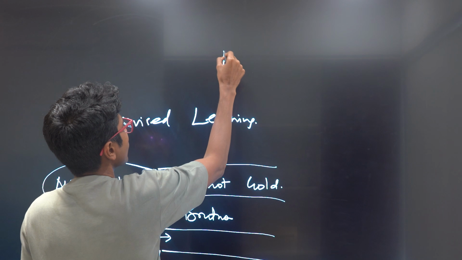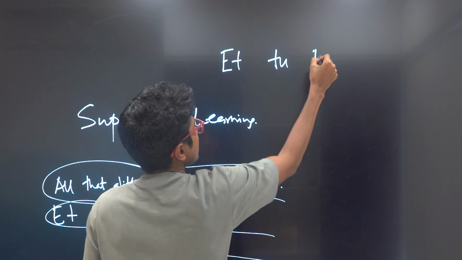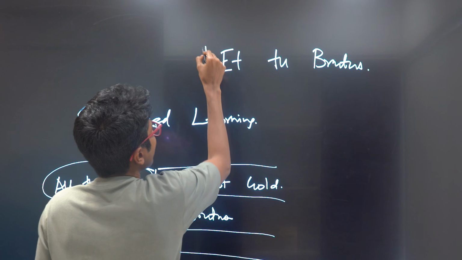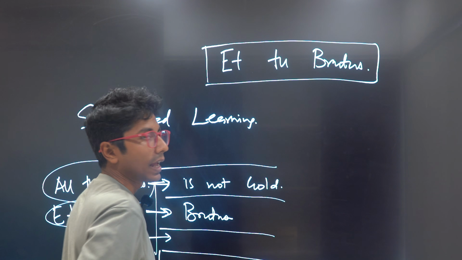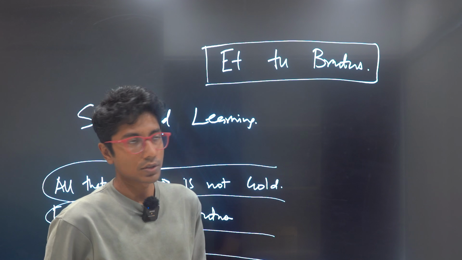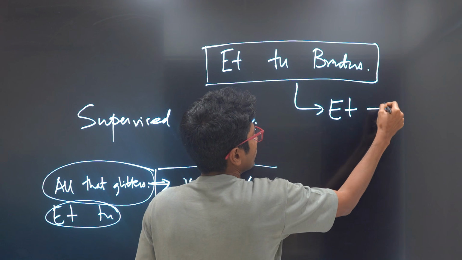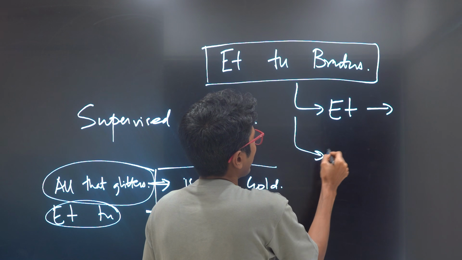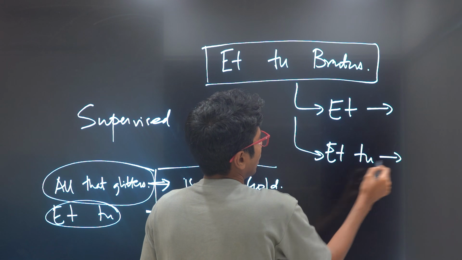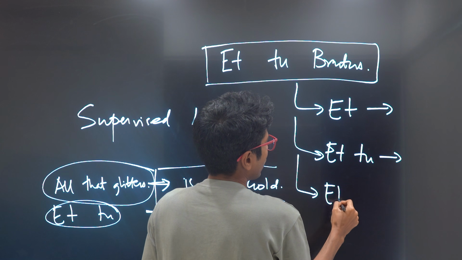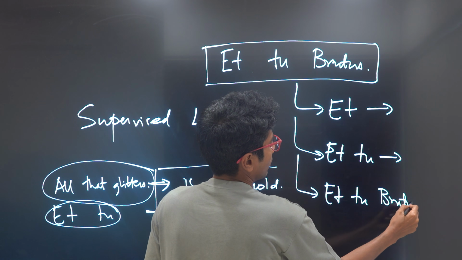Here, if you have et tu Brutus, then the model is going to be fed in this text and it's going to make 3 predictions. 1, what comes after et? 2, what comes after et tu, and 3, what comes after et tu Brutus.